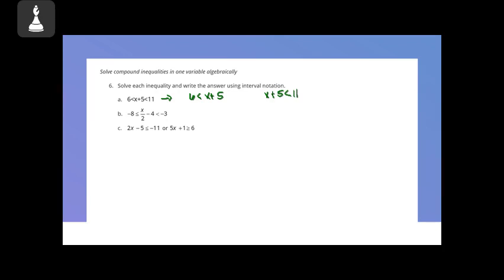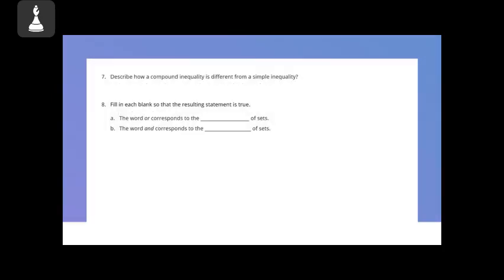So what I have to solve is 2 inequalities instead of just 1. And we talked about these words. So the word or, if you see it in your compound inequality, is a union of the sets. If you see the word and, that will be an intersection, and x will be in between two numbers.